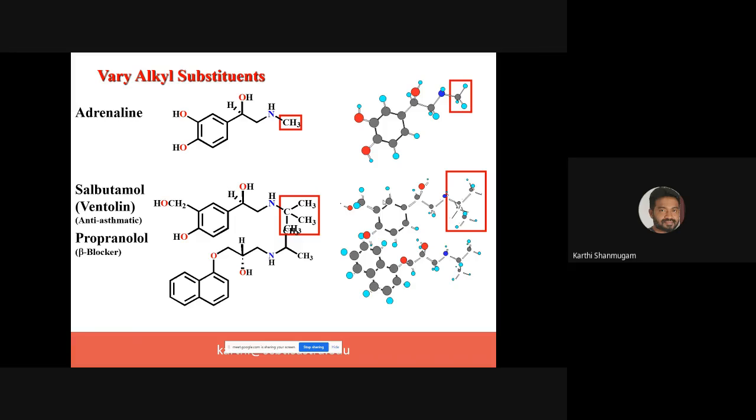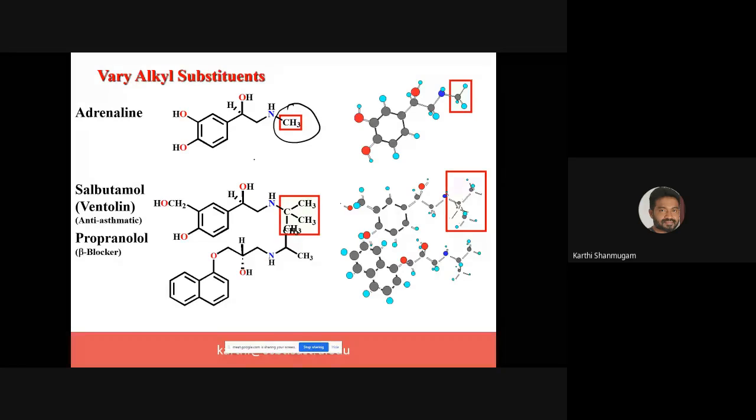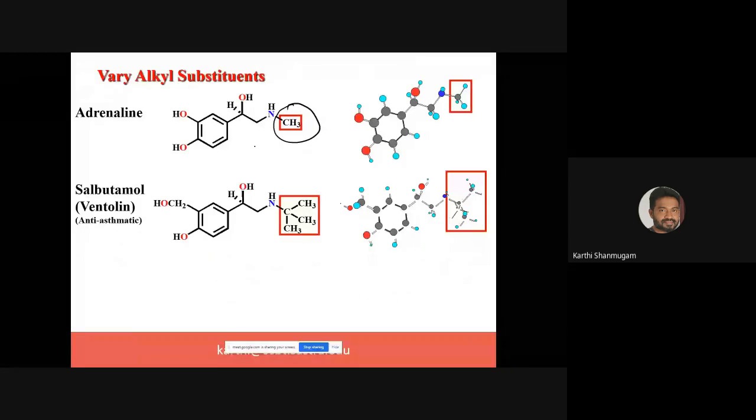Can you tell what is the structural difference between adrenaline and salbutamol? In two places, you can see the difference. Can you locate where the difference is? Can we say here we have a difference between adrenaline and salbutamol?